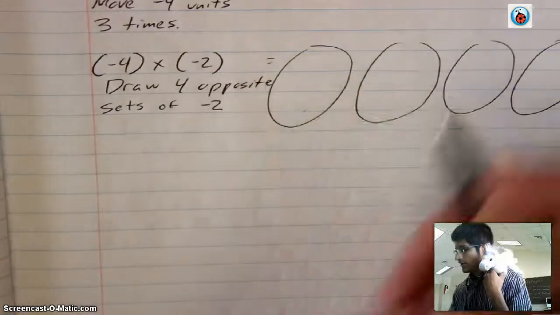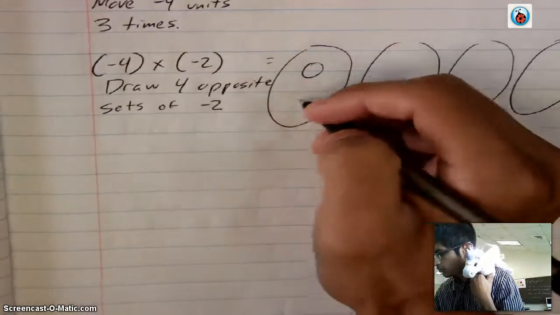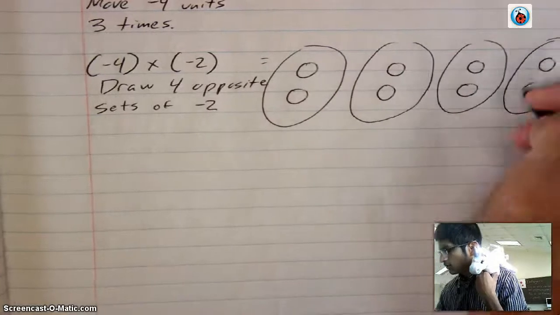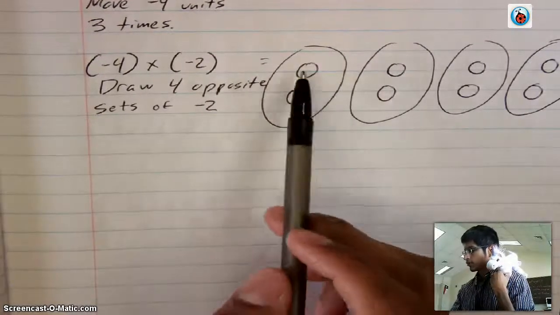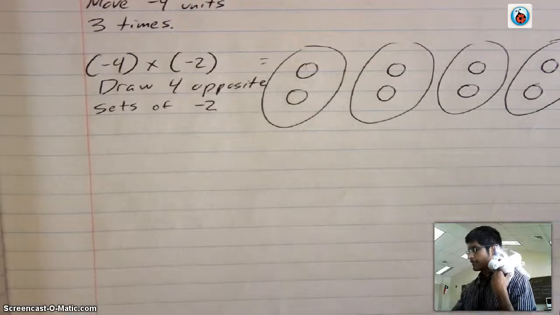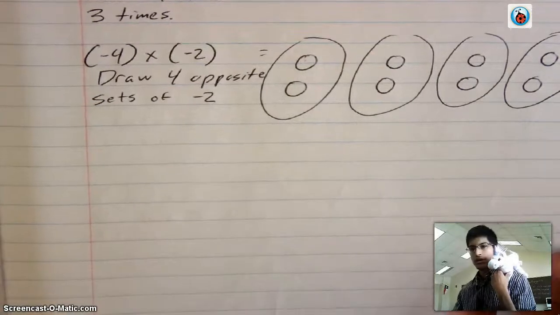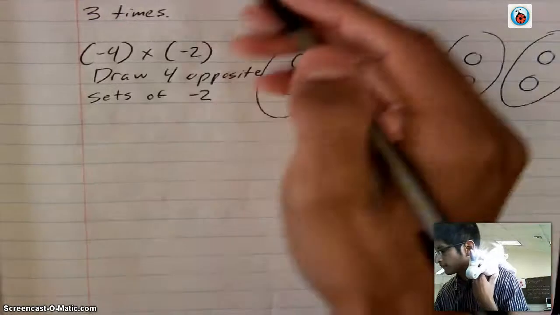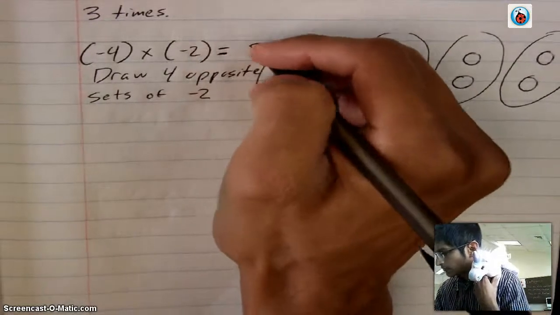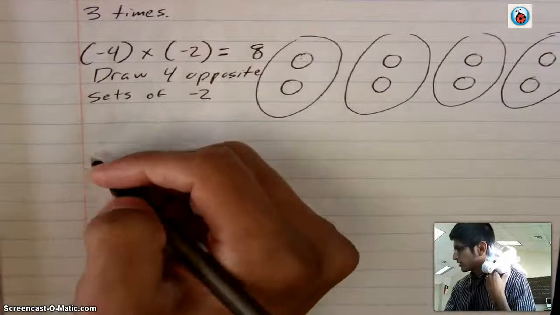So the opposite of negative 2 is positive 2. 1, 2, 1, 2, 1, 2, 1, 2. And how many positives do I have altogether? 8. Very good. Positive 8 is my answer. Let me write that right here. 8.